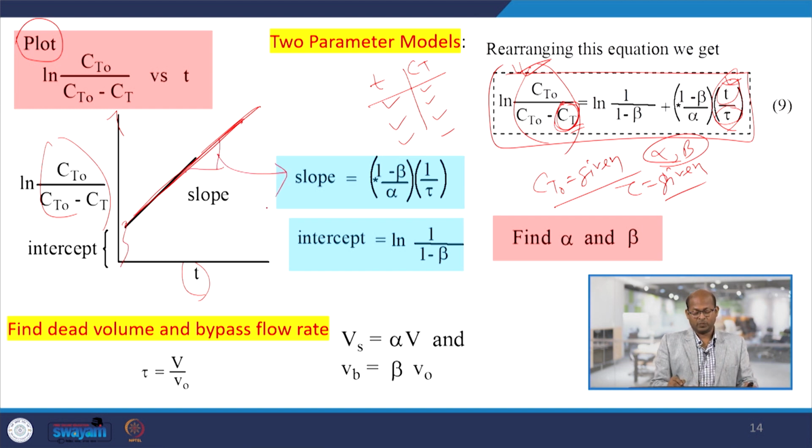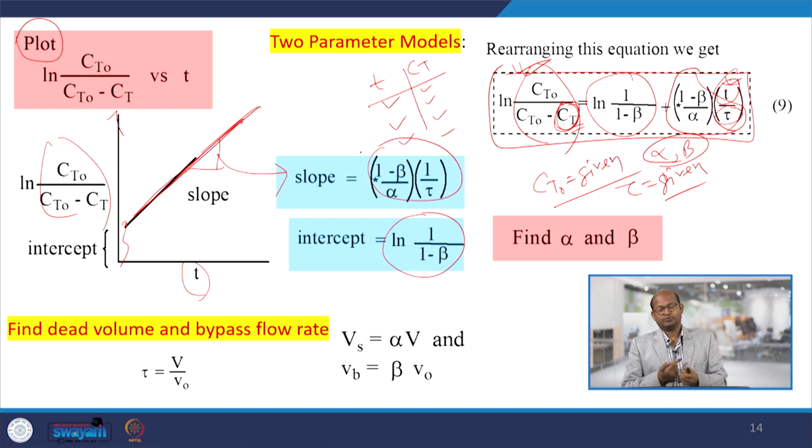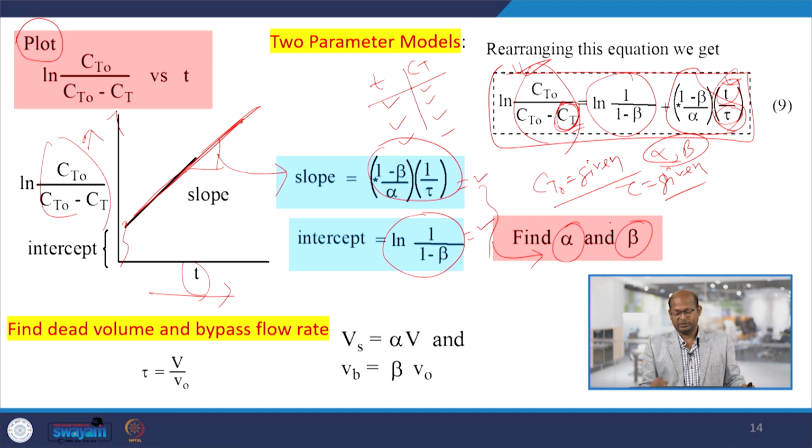So from equation 9, if we plot this on the y axis and time on the x axis, we will get a slope and intercept with numerical values. From this slope and intercept we can find alpha and beta values. So, with the help of the tracer test, we can find alpha and beta.